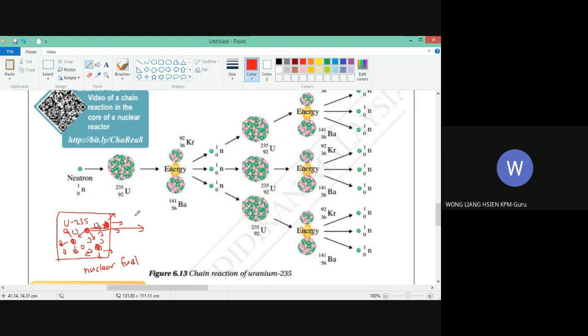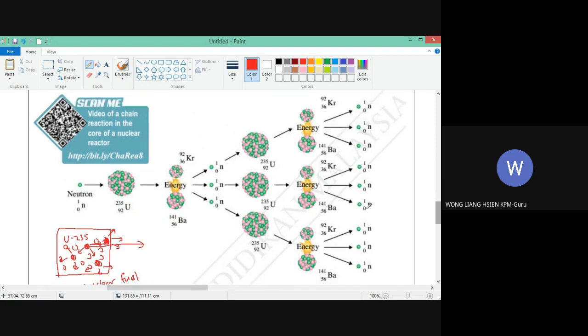If the concentration or the number of uranium-235 is not very high, then the neutron that flies out may not go into other uranium-235. If it doesn't go into uranium-235, then it cannot continue to generate energy.